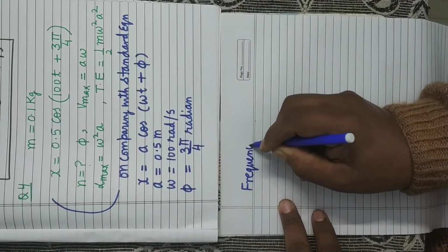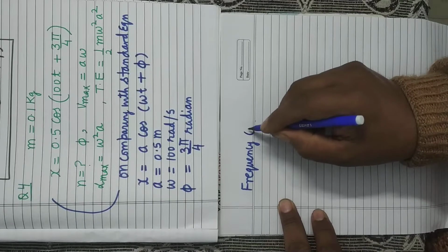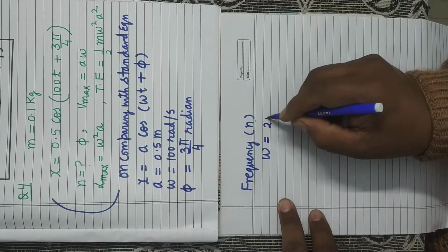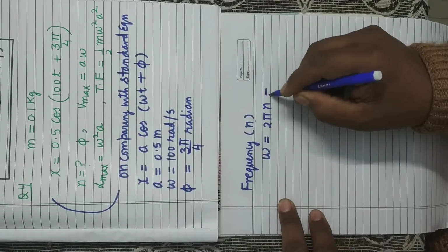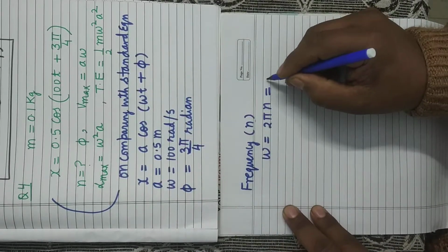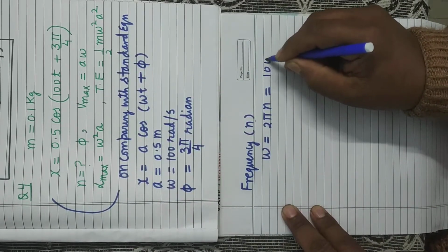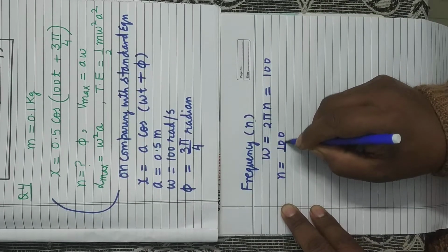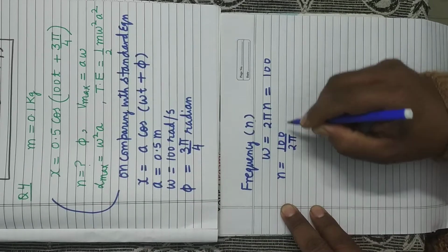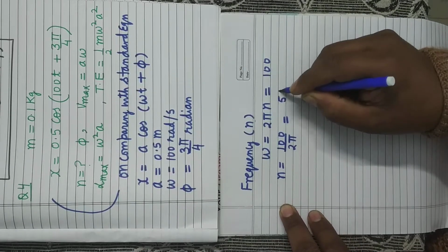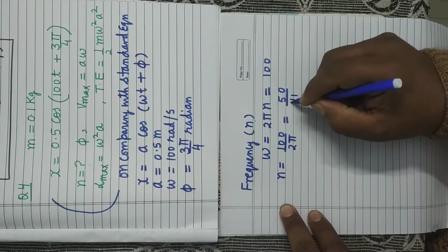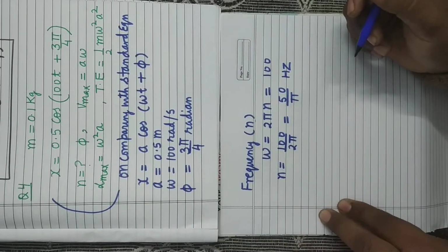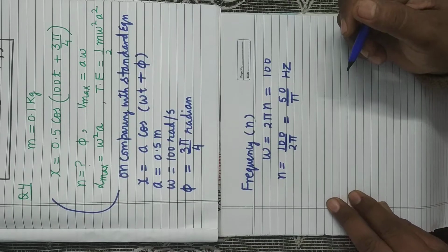You can find the frequency by using omega: omega equals 2 pi n, and omega is given as 100. So n equals 100 upon 2 pi. Now, what is the unit of frequency? It is hertz, Hz. It is clear.